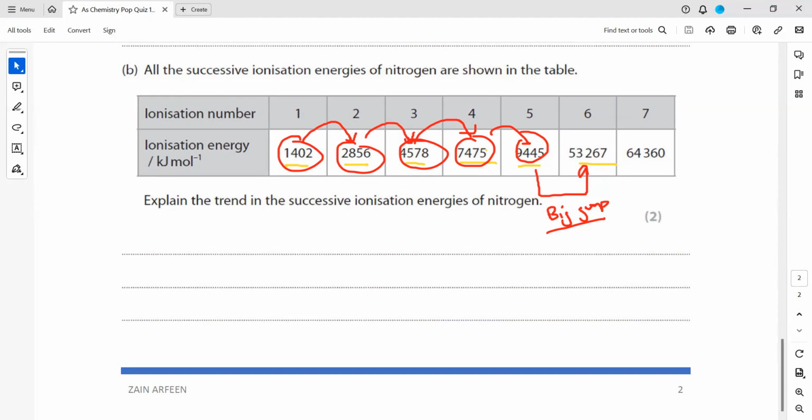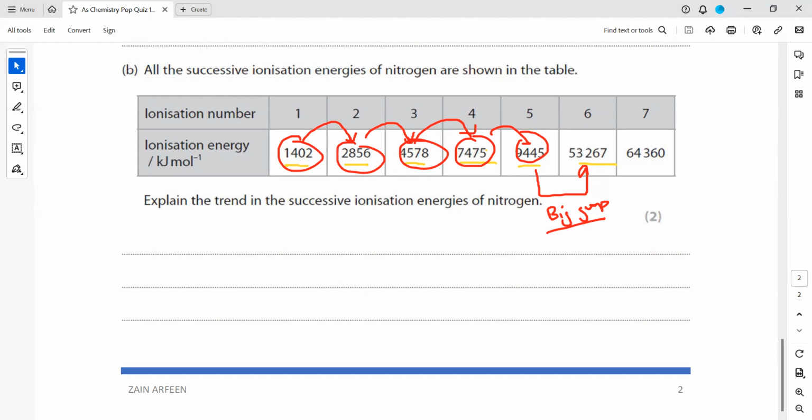Generally, as you can see, the ionization energy is increasing. Why does the ionization energy generally increase? Because when we remove the first electron, there will be more protons than electrons. When we remove the second electron, there will be more positive charge compared to negative charge.